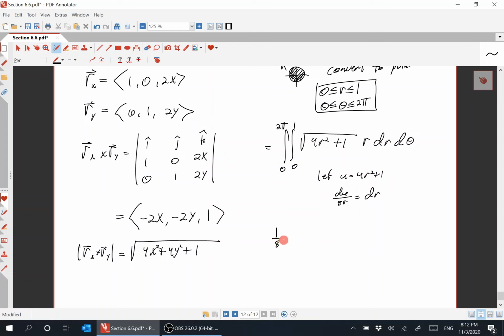So I got 1/8, the integral from 0 to 2 pi, integral from 0 to 1, u to the 1/2, r, and then r cancels. So that's du d theta. Oh, and this is r equals 0 to r equals 1.